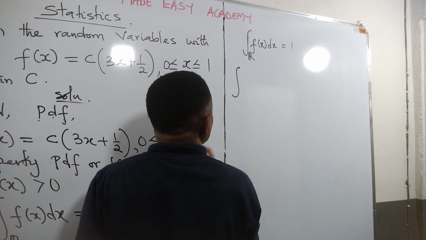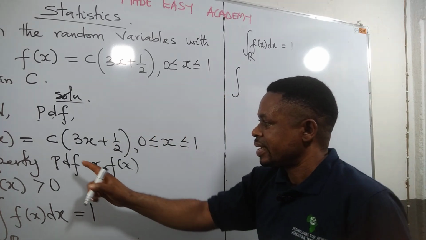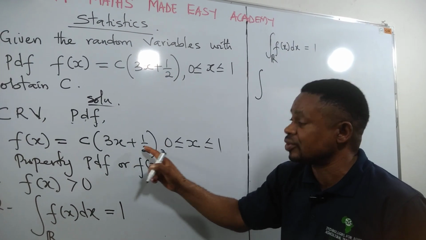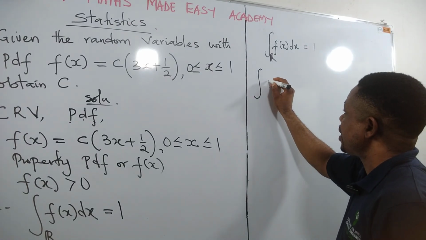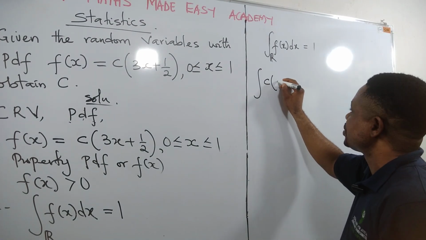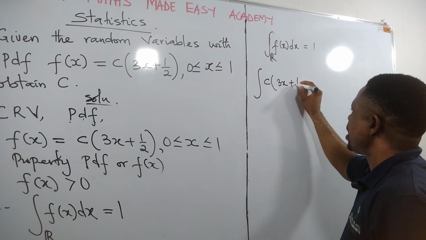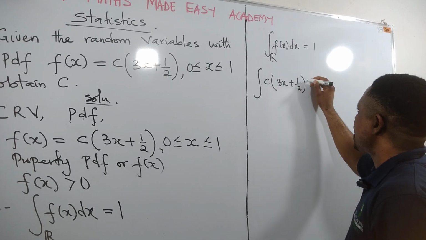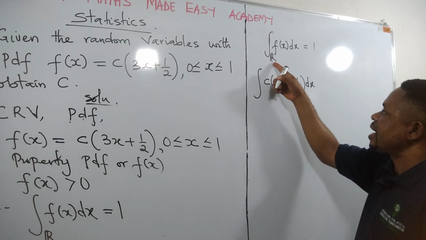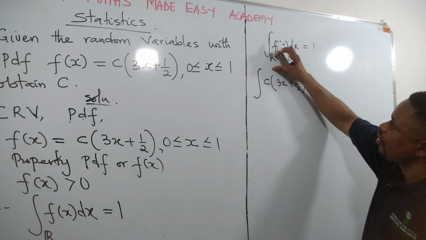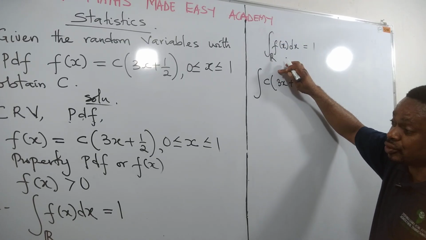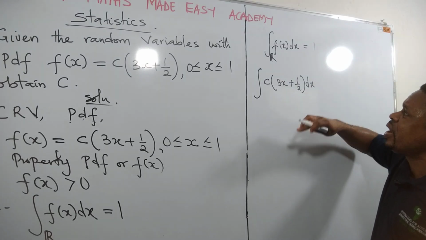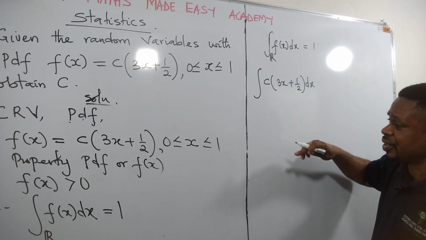F of x is already given in the question: f of x is c bracket 3x plus 1 over 2. So I substitute for f of x. I will now write c bracket 3x plus 1 over 2, dx. Now this value is a real number, bounded by upper limit and lower limit, which means it is called a definite integration.